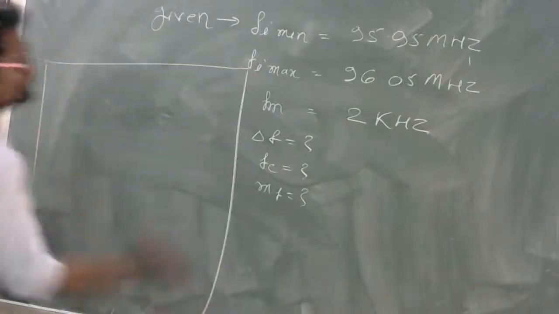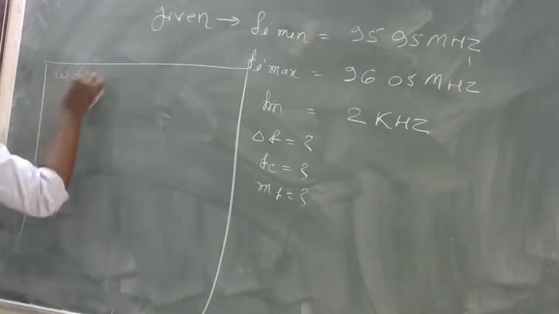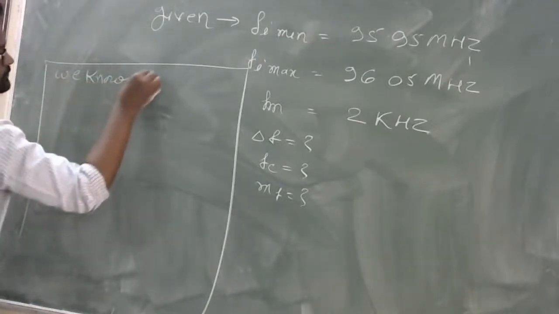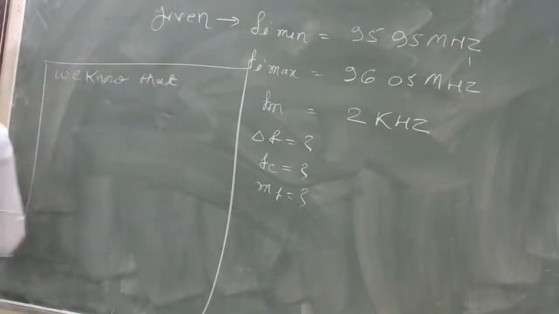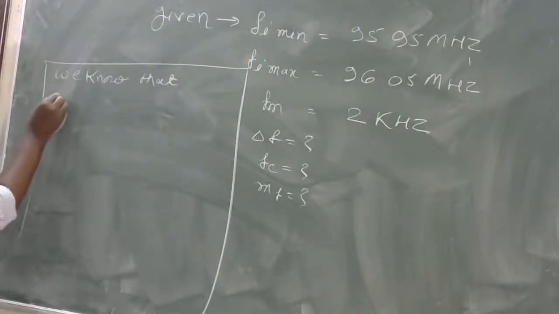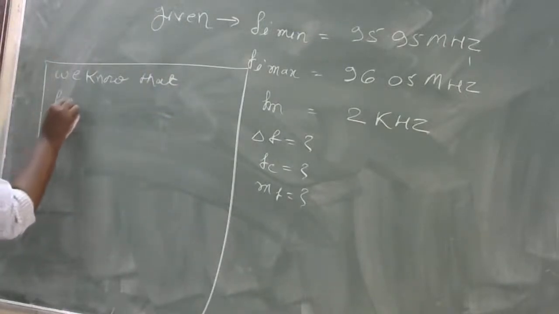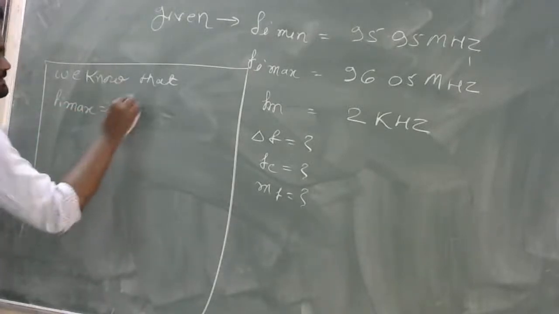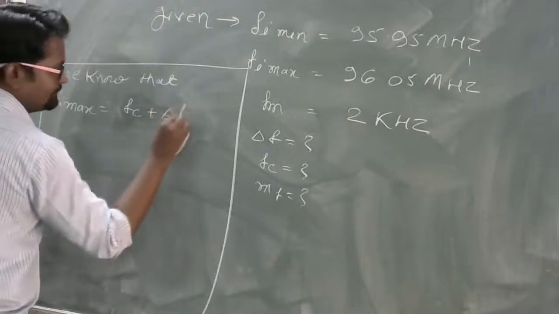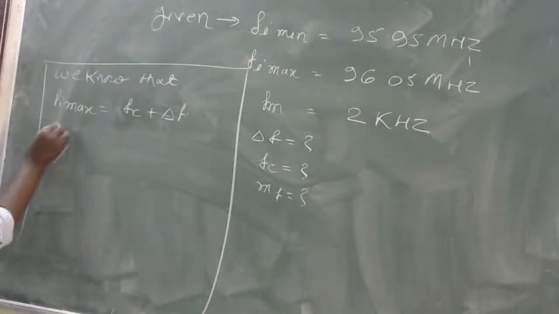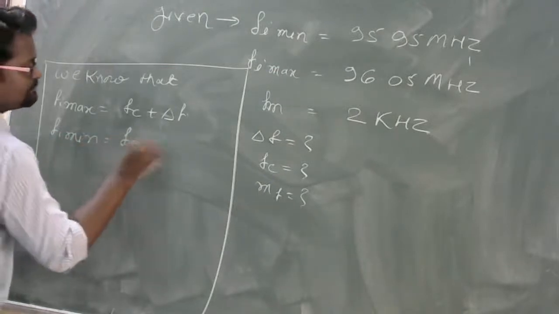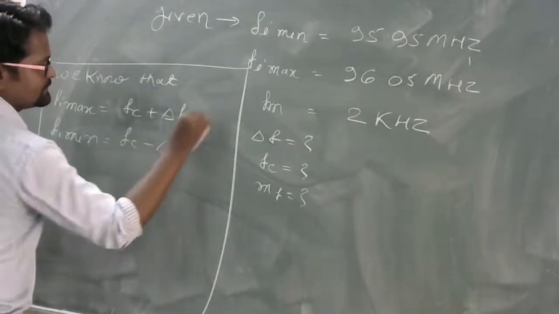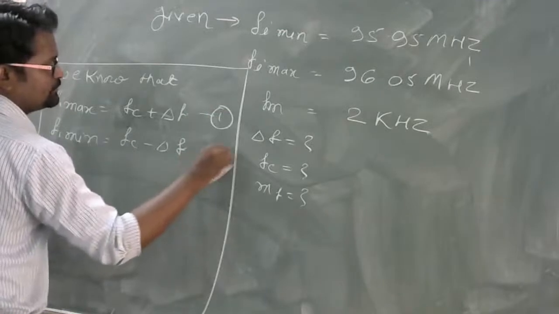So we know that Fi max equals to FC plus del F, Fi min equals to FC minus del F. Equation number 1, equation number 2.